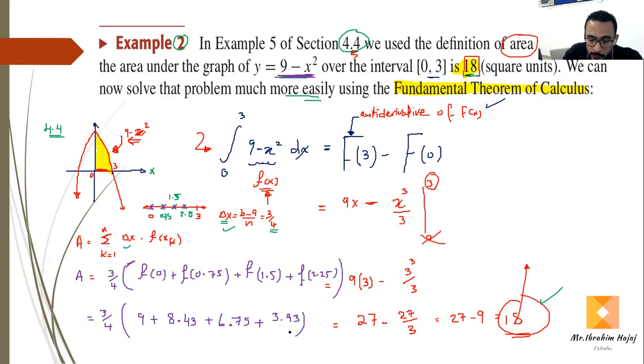3.93. When we add up 3.93 and 6.75 and 8.44 approximately, plus 9. But why don't we do it by 0.75, so the closed form becomes 8.5. It becomes 8.43, we make it 8.4, wait, 3.93.